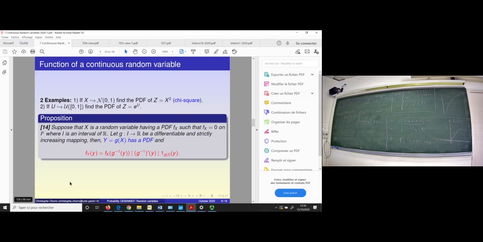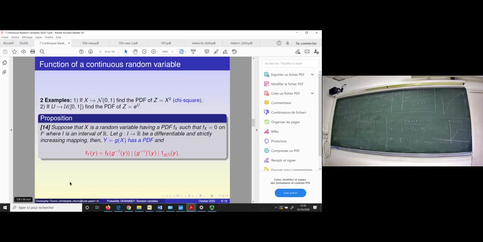If I change my exponential into another thing, you are able to do exactly the same. I have done the job also for the square, together. So you have a proposition. If you want, you can apply it, no problem, because it is in the course. But I prefer you to be able to do the things directly instead of learning this formula.